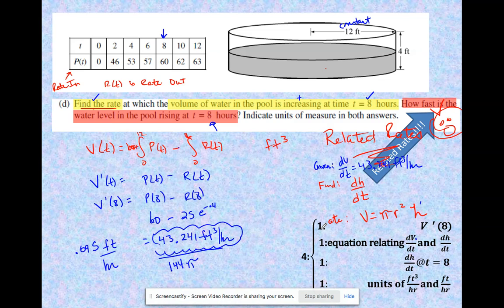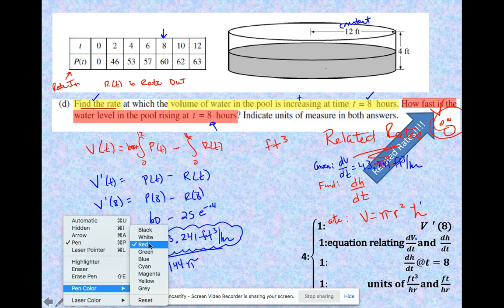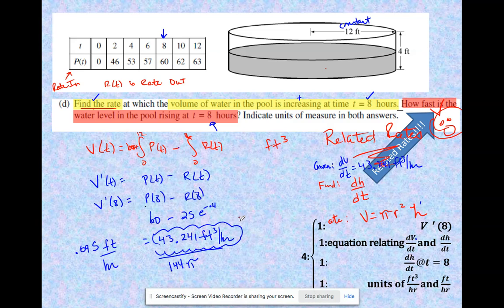There was 1 point for finding V prime at 8. So 1 point right here. There's only 1 point for the answer. What is V prime at 8? Here's what it is. The next point was for an equation relating dV/dt and dh/dt.